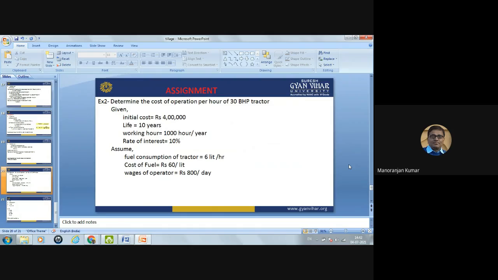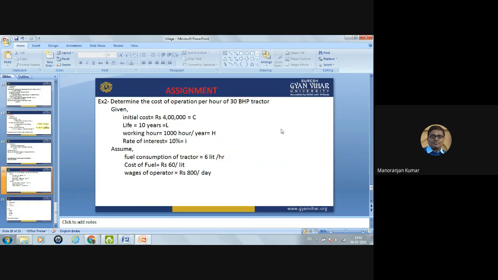Initial cost, that is the C. Life is given, that is the L. Working hours, that is the H. This is the notation which is used in the equation. So rate of interest is the small i.